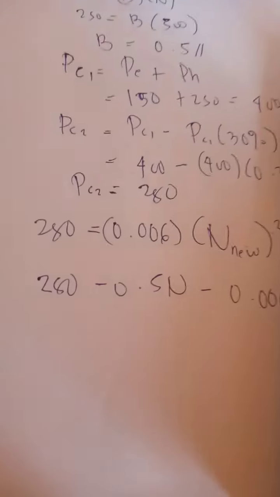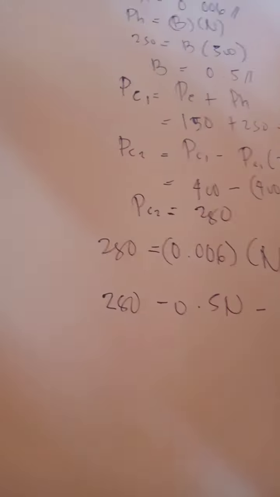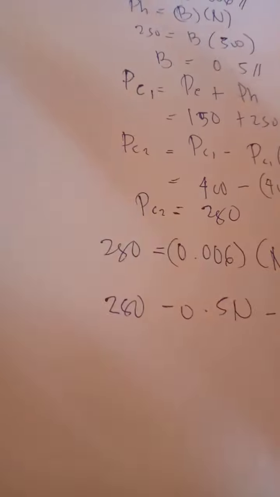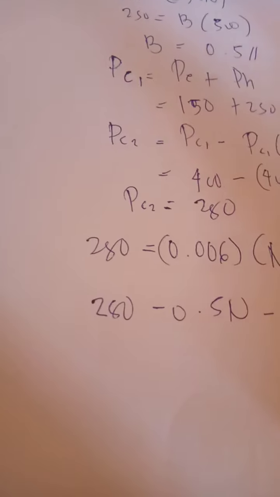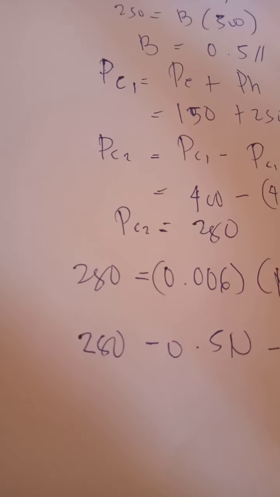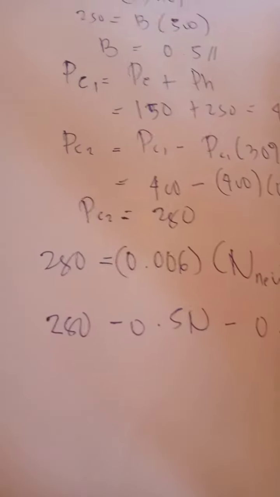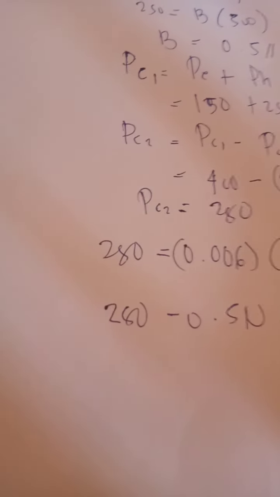Why is this not correct? That's 0.0006, 0.5, then minus 280. Oops, why is this not correct? Yeah, now I see.